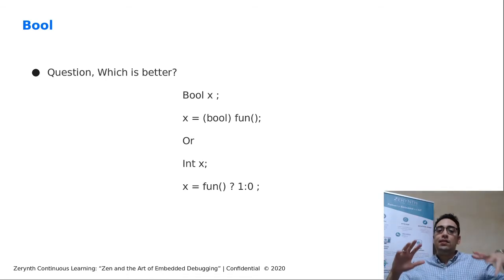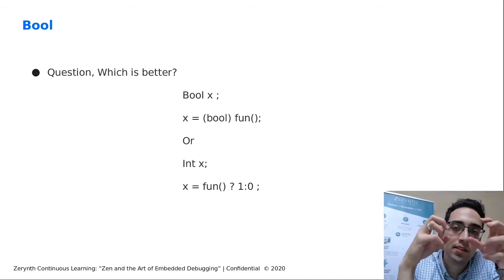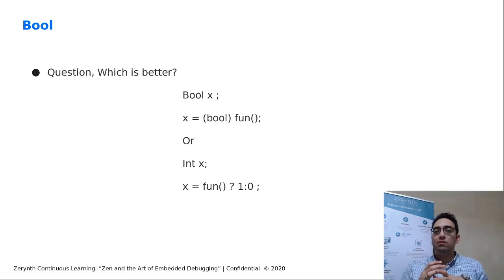The difference is that in the compilation time, Boolean is developed somewhere and is written somewhere in the compiler according to the documentation of the compiler. So Boolean, in many compilers, Boolean are declared as any value other than 0 is a 1. It doesn't have to be 1. And that's the problem with Boolean, because Boolean doesn't have to be 1.